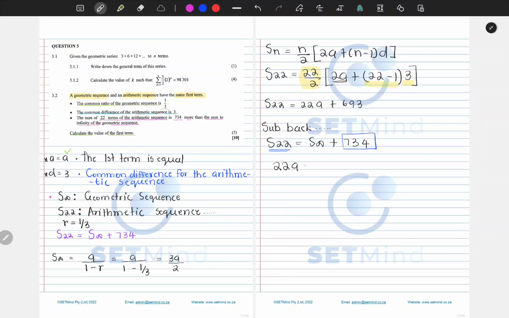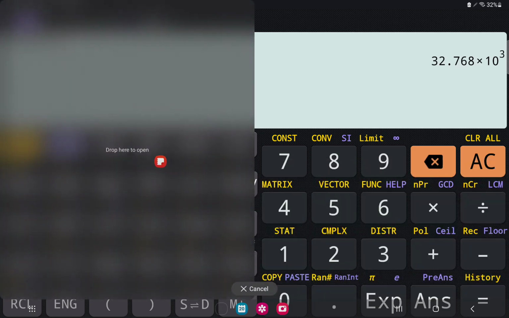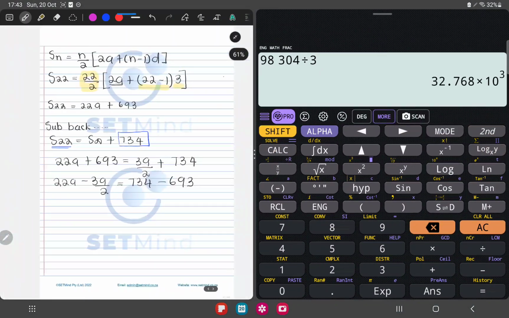What we have is 22a plus 693 equals the sum to infinity, 3a over 2, plus 734. So we can transpose and have 22a minus 3a over 2 equals 734 minus 693. Let's quickly get our calculator to help us do the easy subtraction which we need to do here.